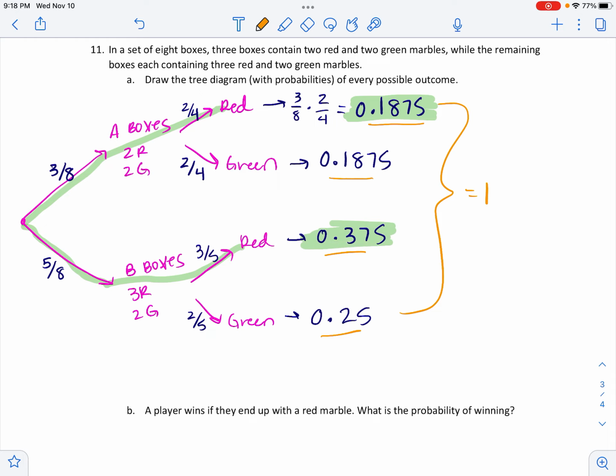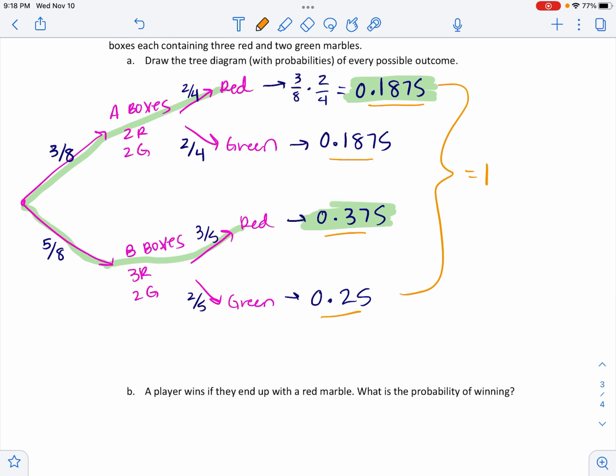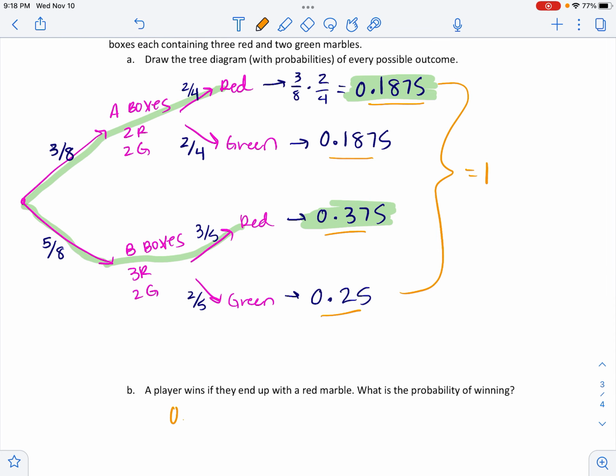So to find the probability of winning with a red marble, I'm just going to add these two. 0.1875 plus 0.375. And I get 0.5625.